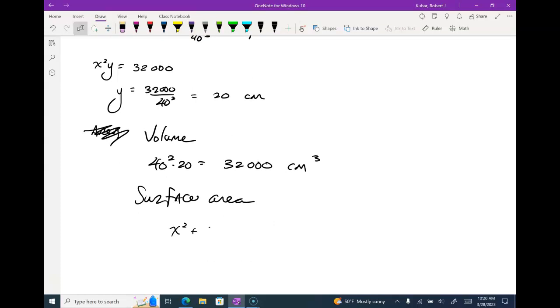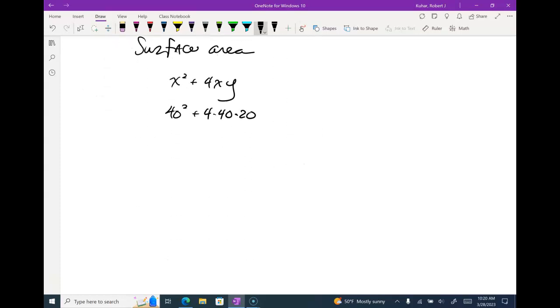X squared plus 4xy. So 40 squared plus 4 times 40 times 20. 4,800 centimeters squared, right? Surface area is 2 dimensions. Volume's 3 dimensions, right? Each length is 1 dimension.